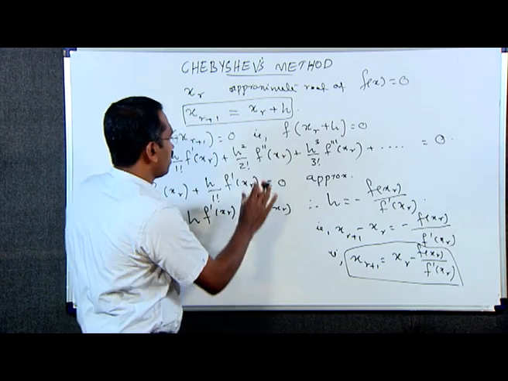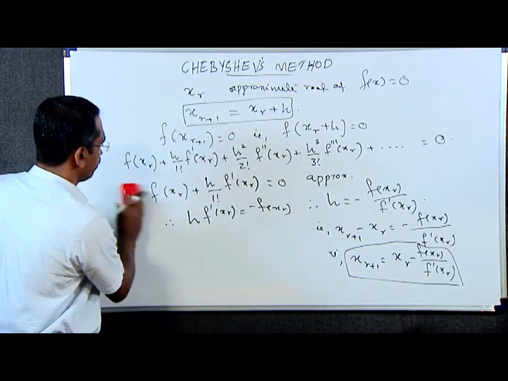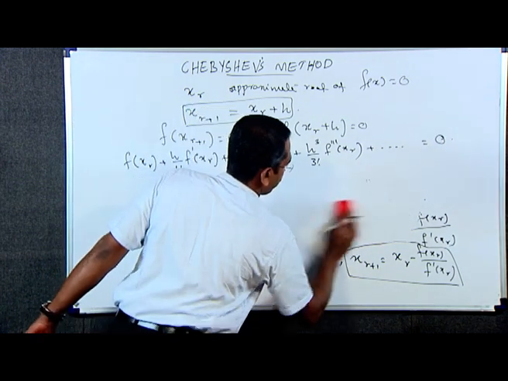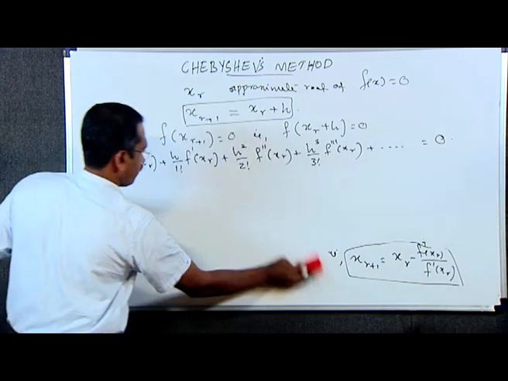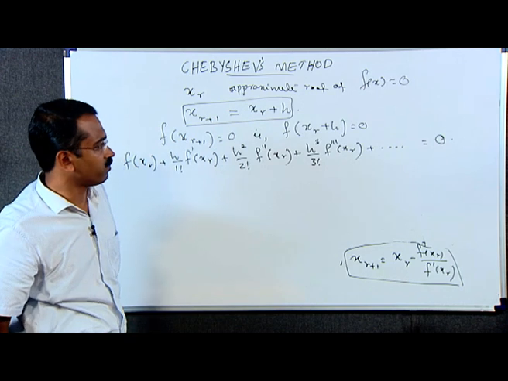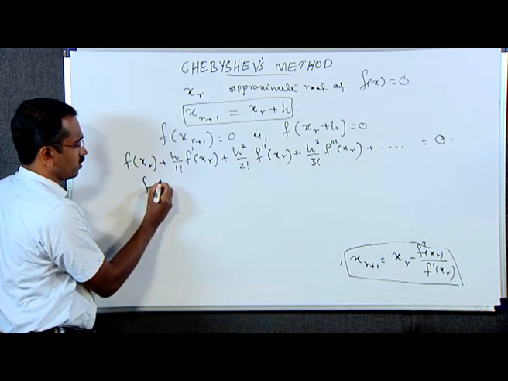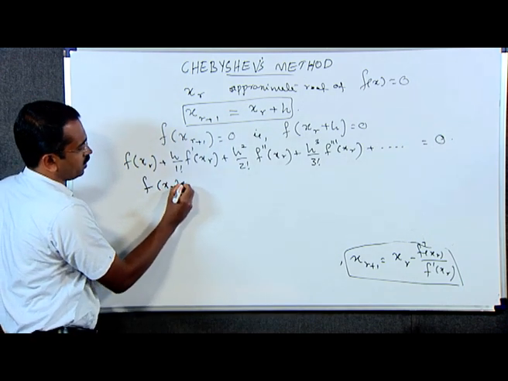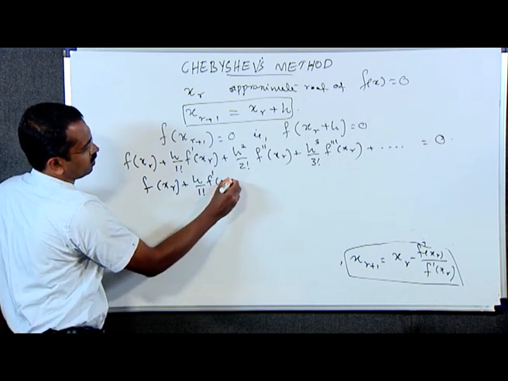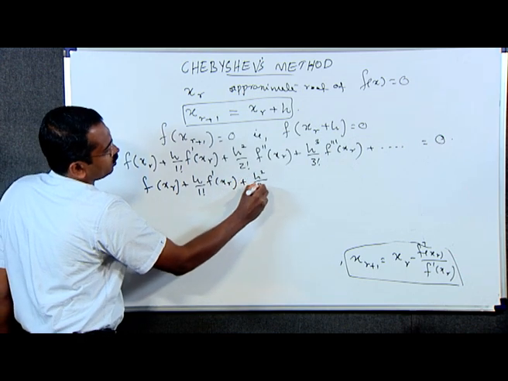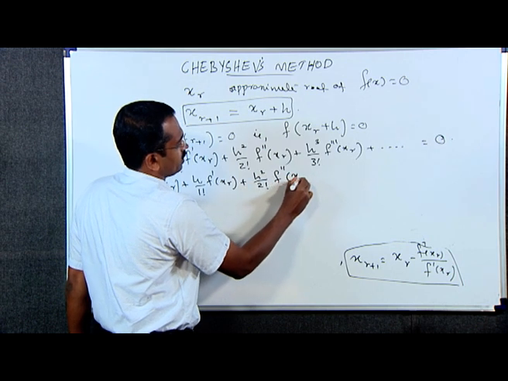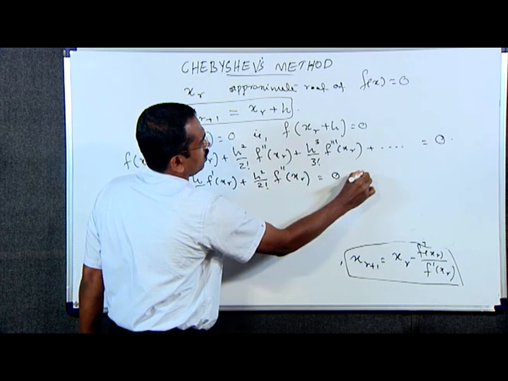Then, omitting h cube and higher powers, we can write this equation as f(x_r) + h/1! f'(x_r) + h^2/2! f''(x_r) = 0 approximately.